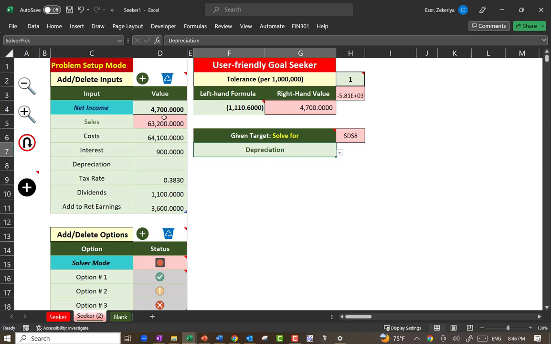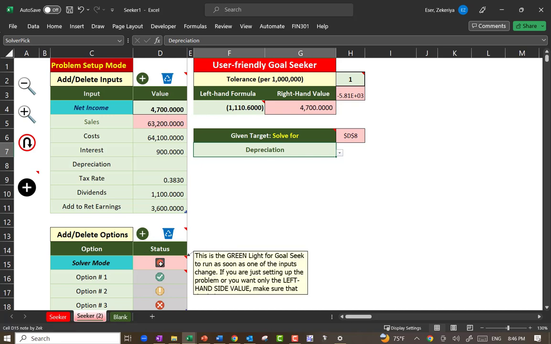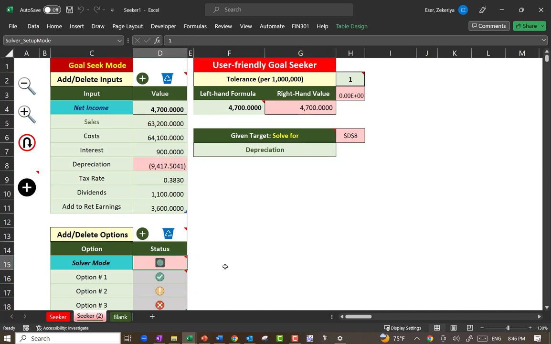All I have to do is go back to solver mode. It actually solved it. You shouldn't get a negative depreciation number, but since it's randomizing inputs, it came out that way. Let's make sales 83,000. Now that's the depreciation amount. It automatically solves it for you.